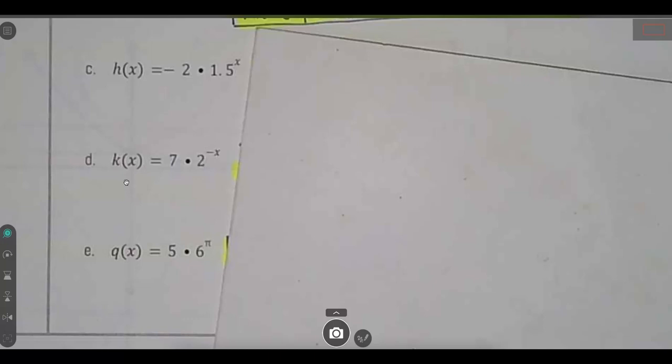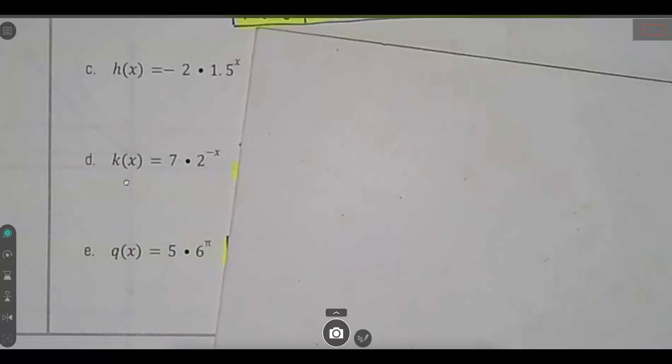Yes. Tell me why. Why is it not exponential? Good job. All right, everyone got it?